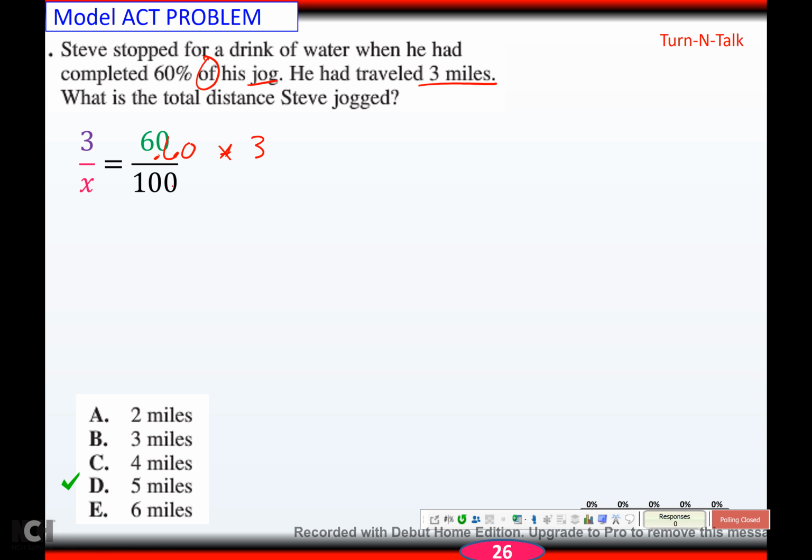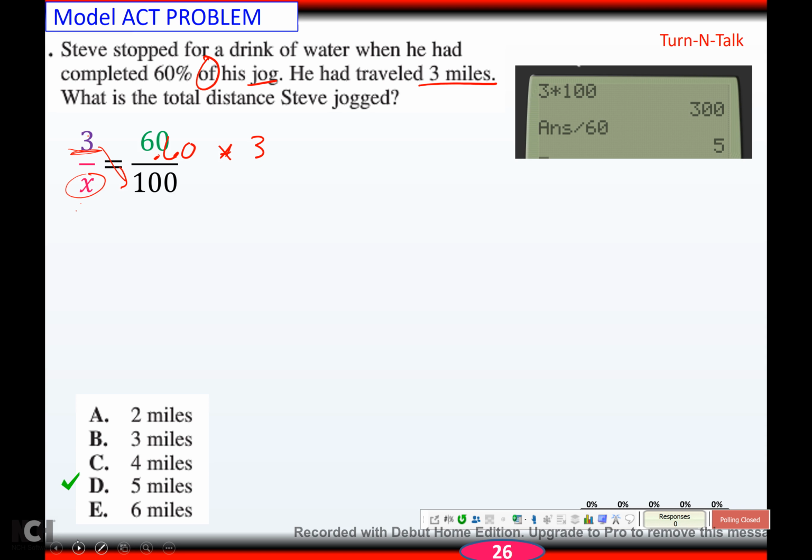Or you could do the proportion, because this is saying 60% of what is 3. 60% of how many miles is what he's already done, which was traveled 3. Either way, type it in. So 3 times 100 would be 300 equals 60x.